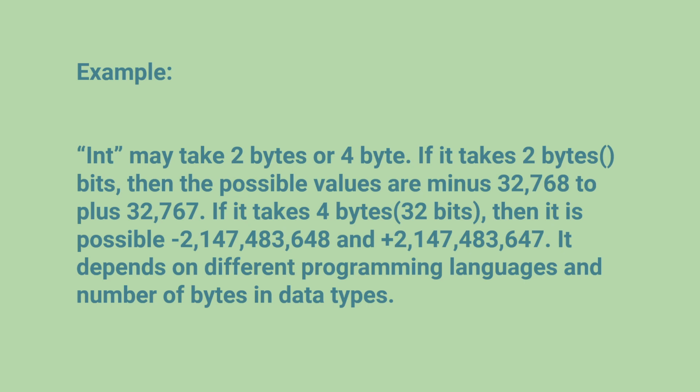For example, if we take 4 bytes, then the possible values are minus 2147483648 up to plus 2147483647. It basically depends upon which programming language we are using, and how many bytes there are in each data type.